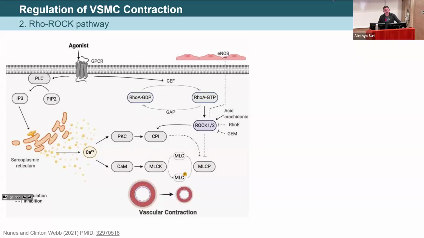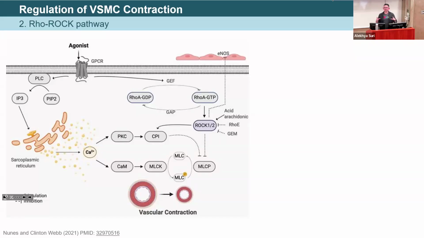The state of contraction in smooth muscle is hanging in the balance of how much MLCK activity you have and how much MLCP activity you have. If there is more MLCK activity, that leads to contraction. If there is more MLCP activity, you have less phosphorylation, and that leads to relaxation of the smooth muscle.